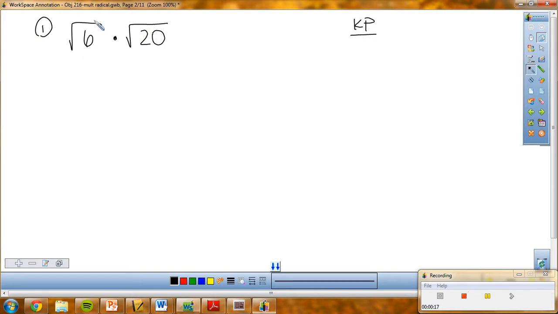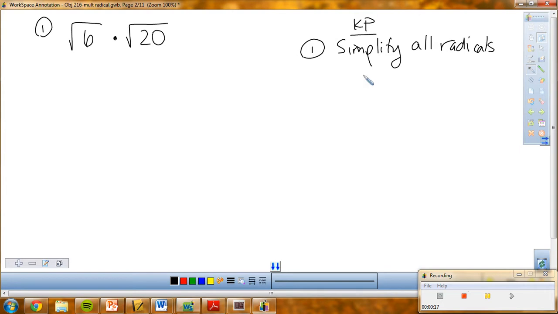Here we have the square root of 6 over the square root of 20. For our key points, the first thing we're going to do is simplify all radicals. And this might not be necessary all the time, but if possible, simplify your radicals. So for 6, I break it apart and I see I get 2 and 3.